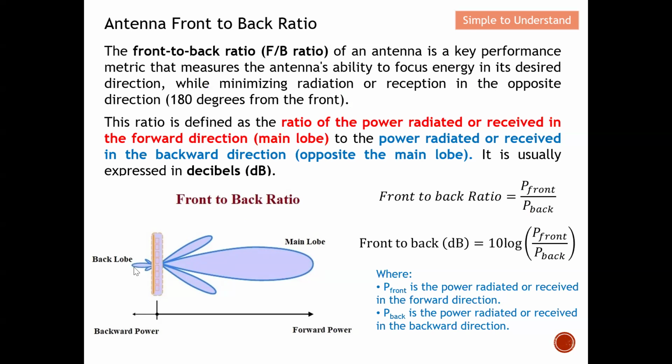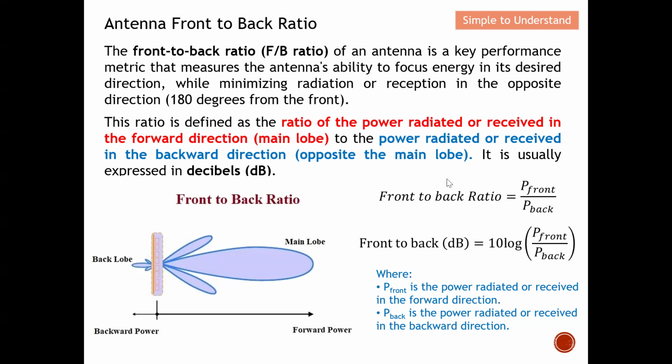Later on, I will give you an example of why we need this definition of front to back ratio. This ratio is defined as the ratio of the power that is radiated or received in the forward direction to the power that is radiated or received in the backward direction. It is usually expressed in decibels.